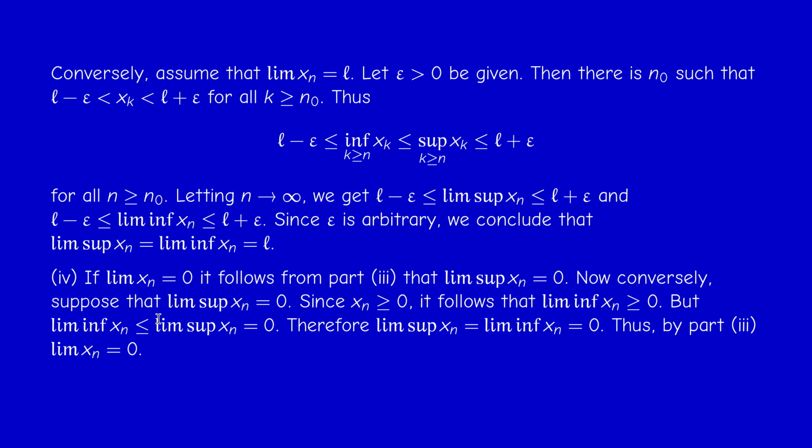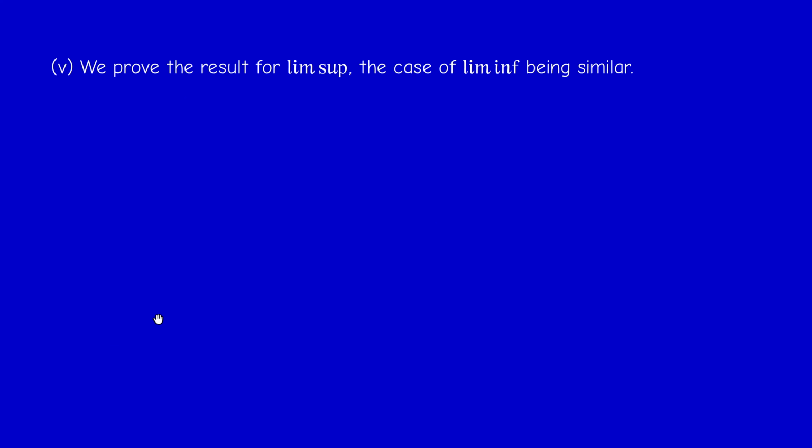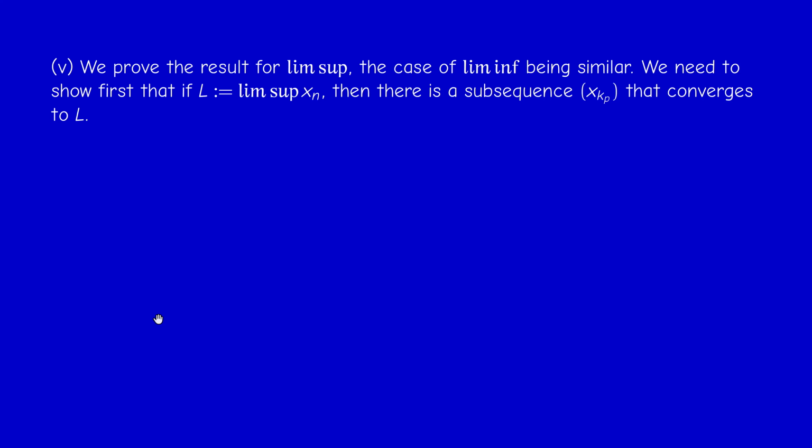Now the last property. We'll prove it just for limsup, and we leave the liminf for you as an exercise, just completely symmetric actually. But it's a good exercise for you if you can do it, if you write it properly. So we have to prove two things actually.